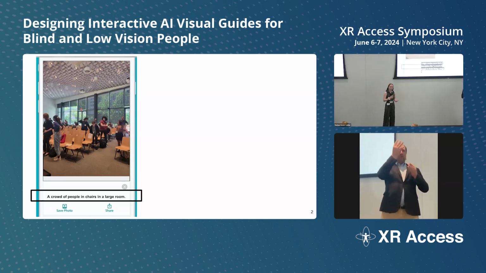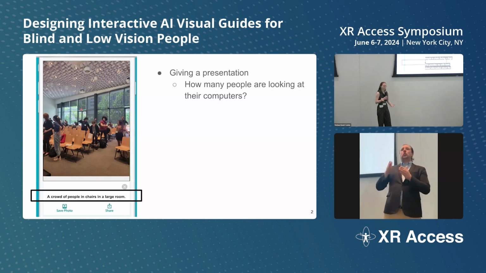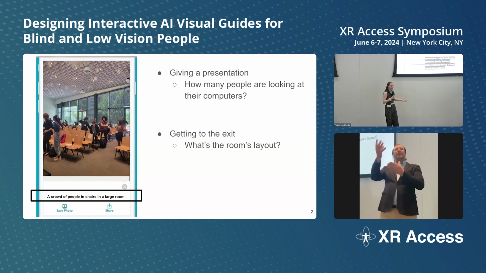But if I'm in this room to give a presentation, I might want some additional details, like how many people are looking at their laptops right now instead of me. If I was trying to get to this room's exit, I might want some more information about the layout. In either of these cases, my original basic description is no longer enough to cover those needs.